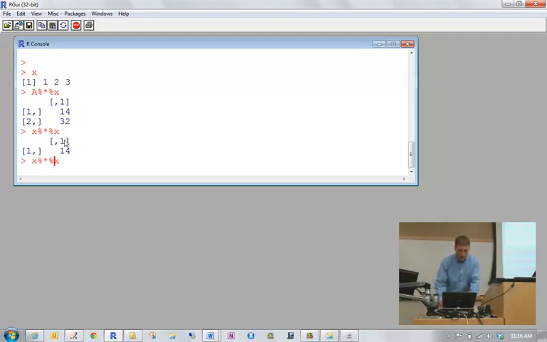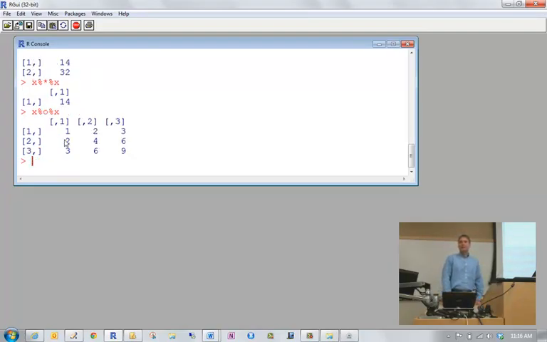If you actually wanted that 3 by 3 in the end, you can put an o instead of an asterisk there, and you get what's called an outer product. We're not going to use outer products in this class, but I just wanted to let you know that this happens. Okay. Are there any questions?